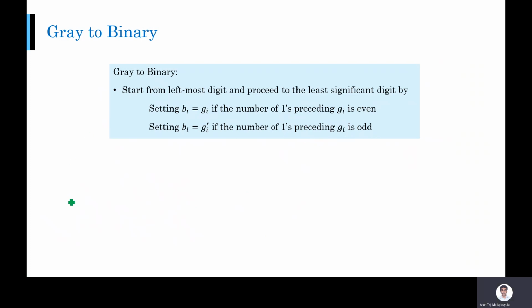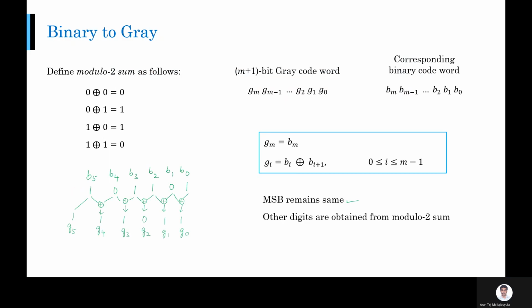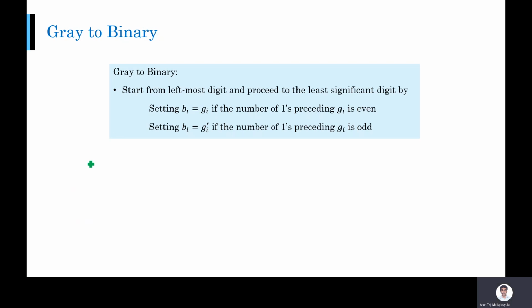Okay, so let us take our previous example. Previously we got gray code as 1 1 1 0 1 1, right? G5, G4, G3, G2, G1, G0. So you want to convert this to binary.